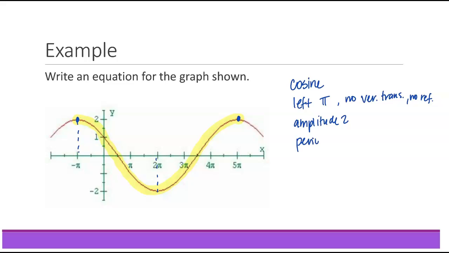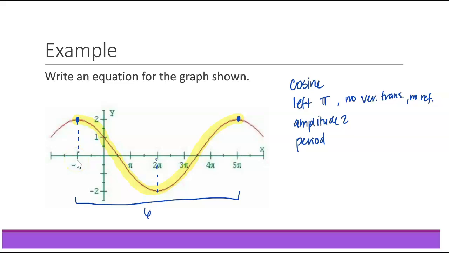So let's identify what the period is. From negative pi all the way to 5 pi, what's the total difference between the x values of the endpoints? Total, I'd be traveling 6 pi. Over here, 0 to 5 pi, that's 5 pi units, and this direction would be an extra pi.